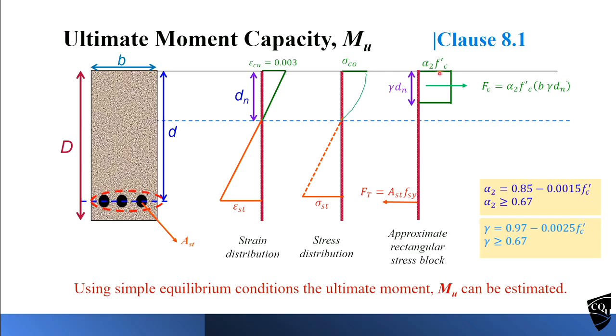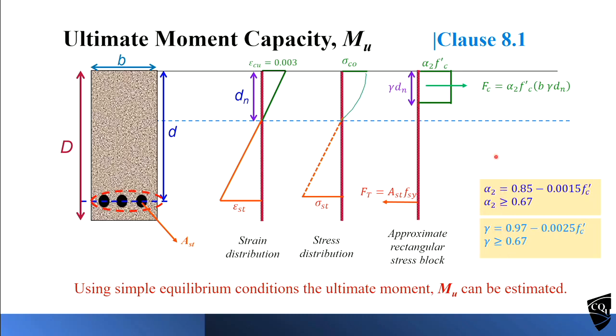When they do that approximation, they said the stress here should be alpha 2 times f dash c. The depth is gamma dn. dn is the depth of the neutral axis, which I don't know yet. So gamma and alpha 2 are given in the standard.